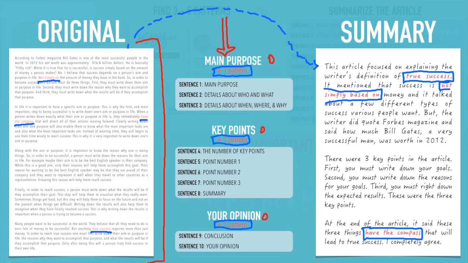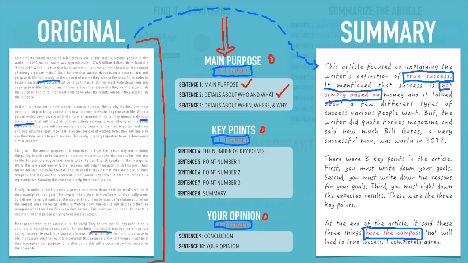The main purpose. It says, this article focused on explaining the writer's definition of true success. So I've given the main purpose right there. Continue. It mentioned that success is not simply based on money, and it talked about a few different types of success various people want. Who and what.